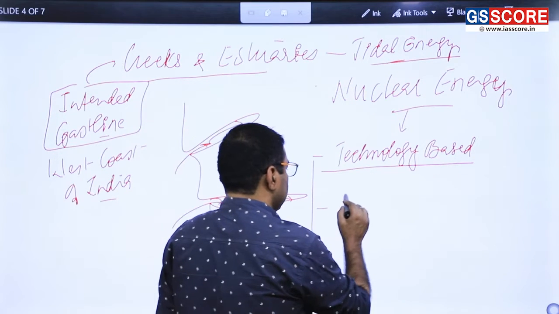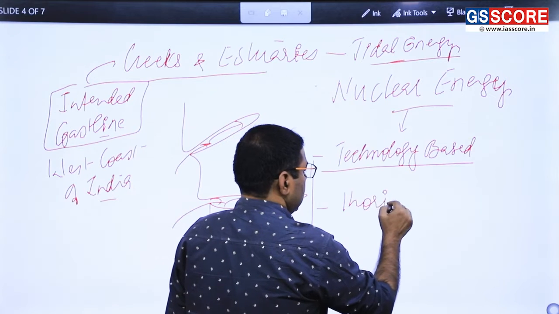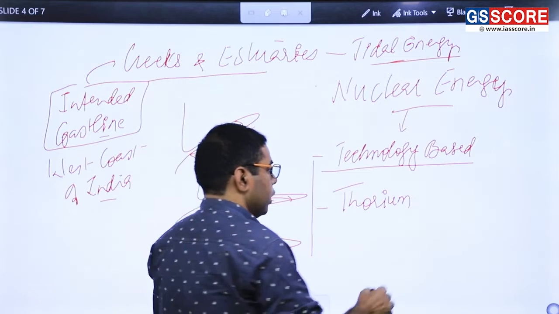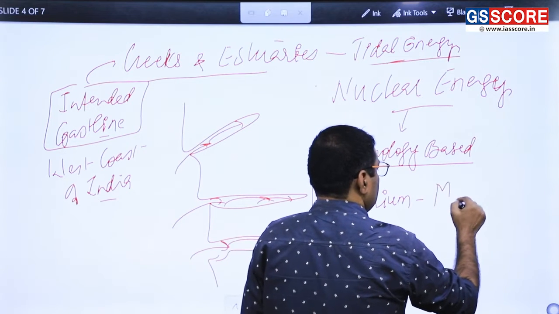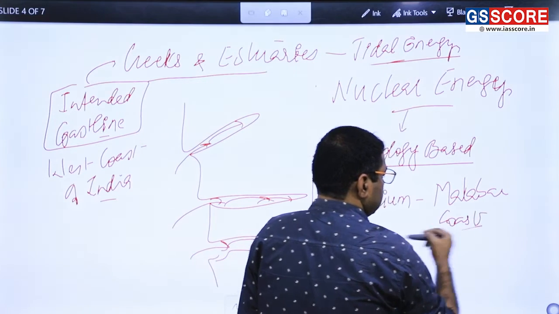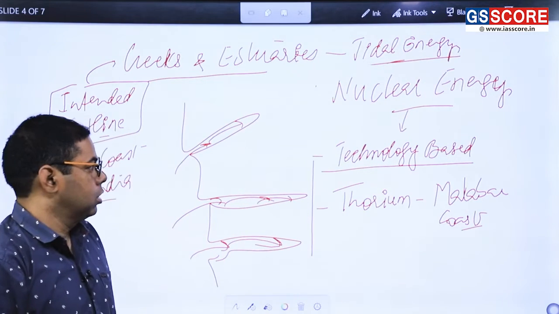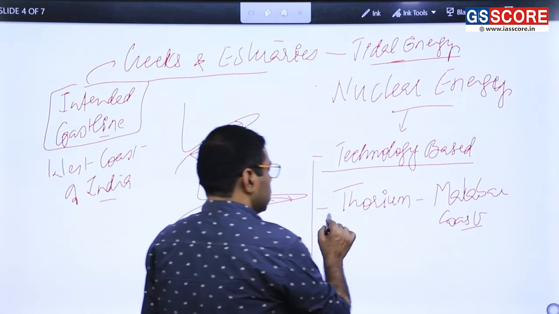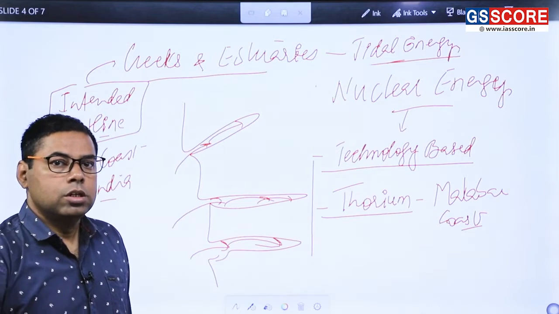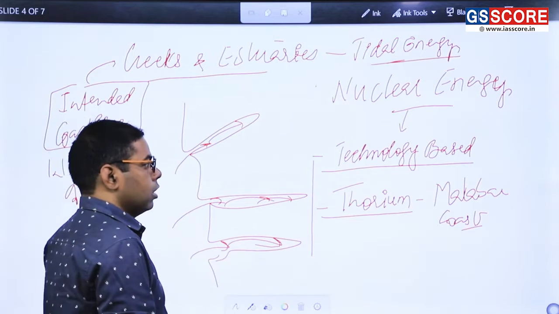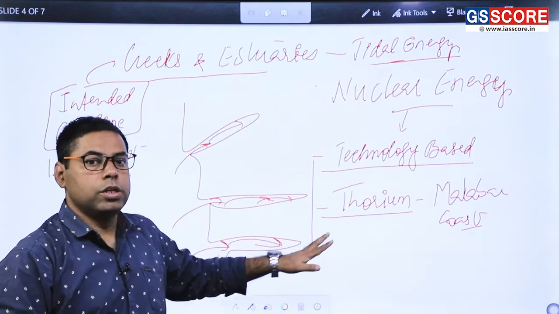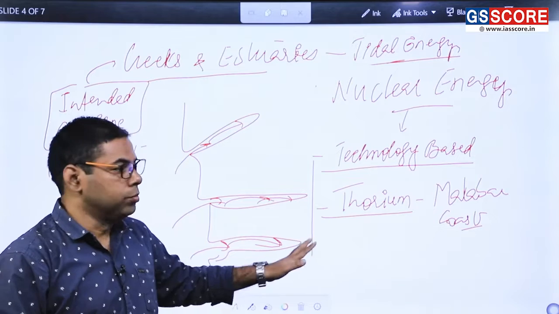We have a huge reserve of thorium at the coast of Kerala or the Malabar coast, right? This can be used for producing energy. In such a case, India has huge potential for harnessing nuclear energy. I hope this is clear.